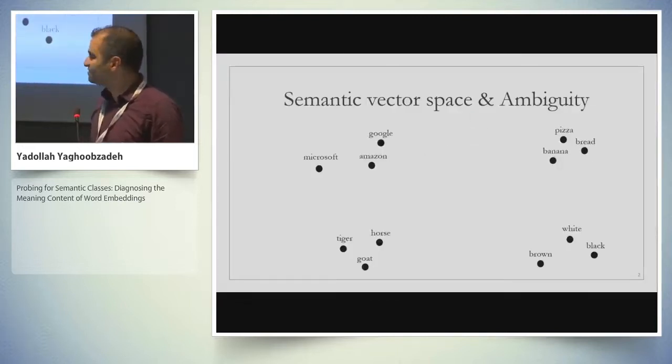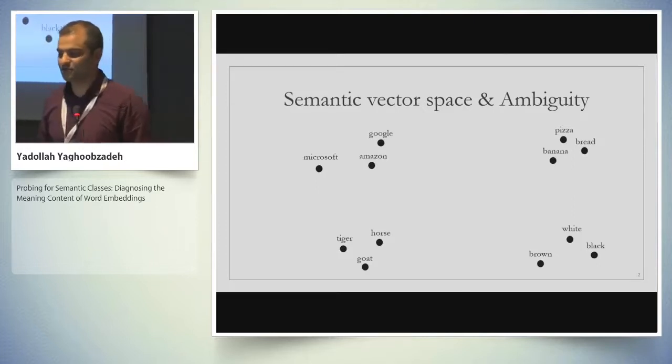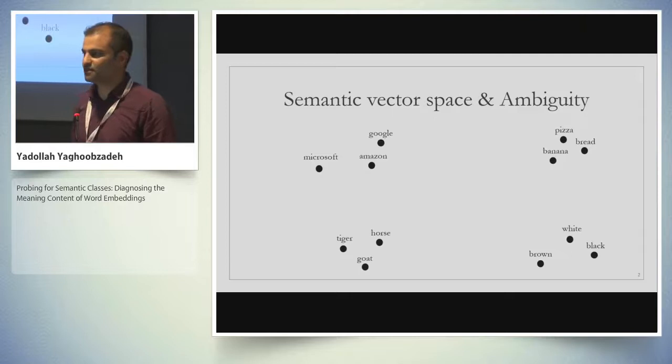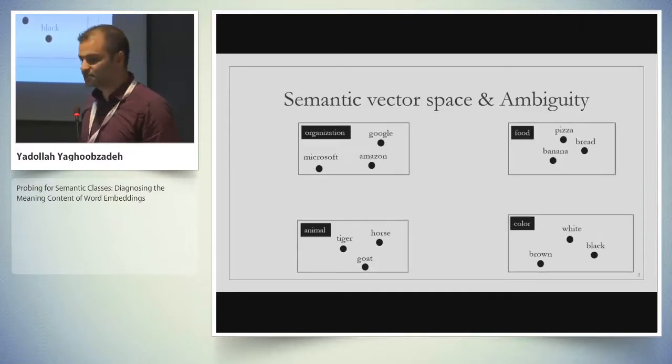So semantic space is designed in a way that similar items, that have similar semantics, are close together if we represent them as points in the space. For example, organizations are close together, and foods, colors, animals. But the key phenomenon in language is ambiguity.